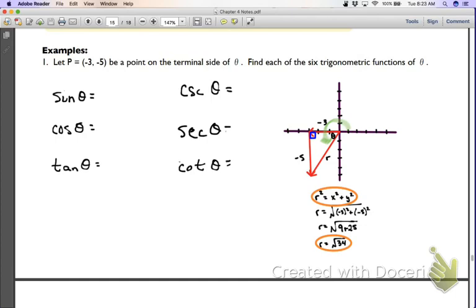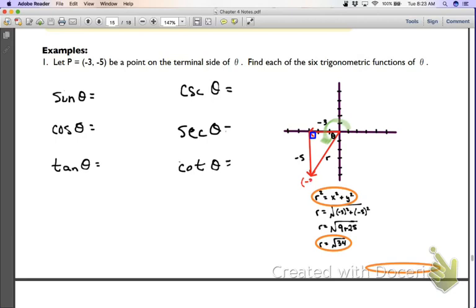So if we're going to set everything up, I have the square root of 34. Sine goes with x or y? It goes with the y, right? So my y value is -5.